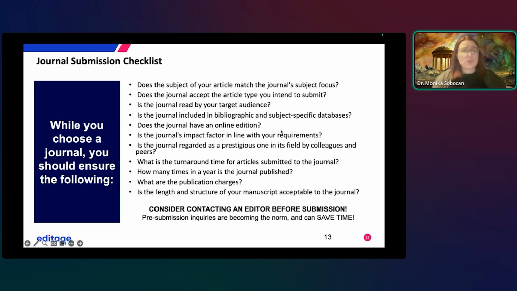Then the next question is, what are the publication charges? So, can you afford publishing if you get accepted? Most of the journals will tell you that they don't really care if you have the money or not in the beginning process. But it becomes more and more important when you go to the closing processes.